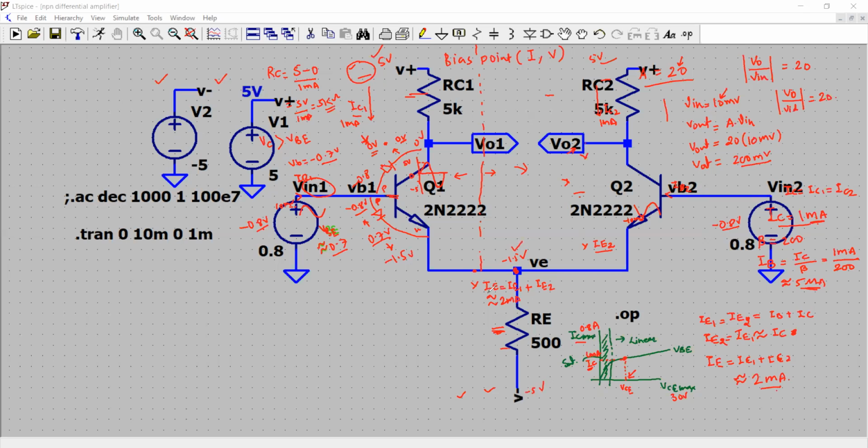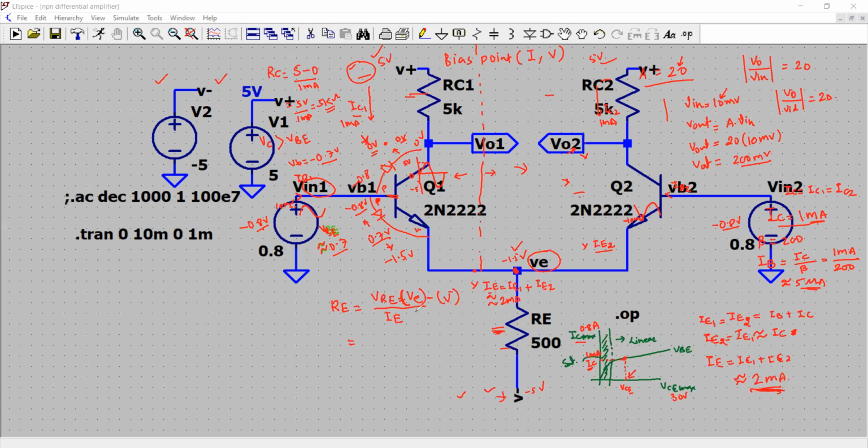And the current IE, we have calculated, is 2 milliampere. So what is the value of RE? RE would be VRE, which is basically VE, this voltage we have labeled on the net, divided by the value of the current, that is IE. Well, it's not VRE, it would be VE minus V minus, actually.